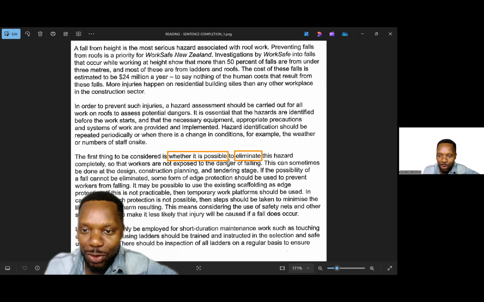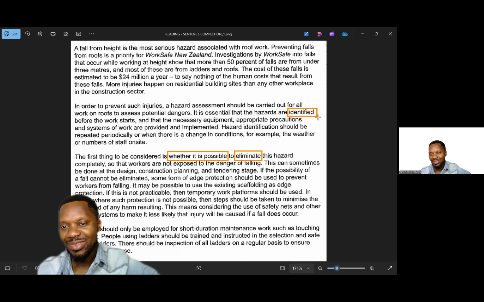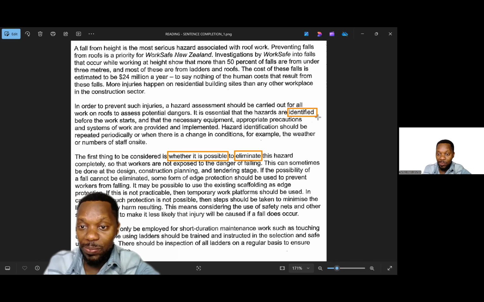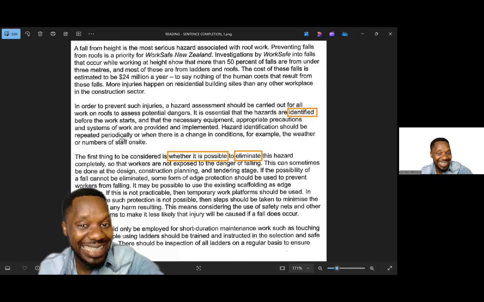If you make the mistake of choosing identified, the sentence will be incorrect grammatically. This is where a lot of people would go for identified, because it says it is essential that the hazards are identified before the work starts.